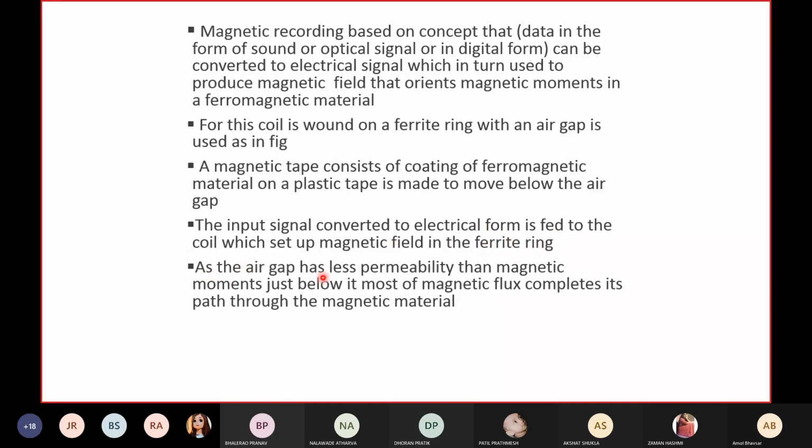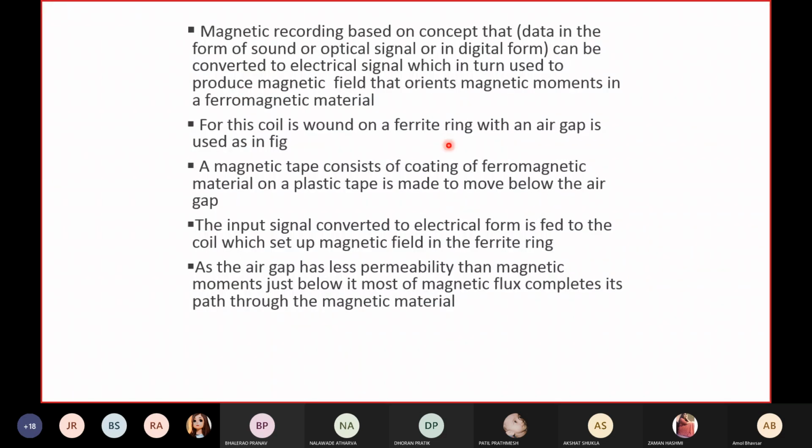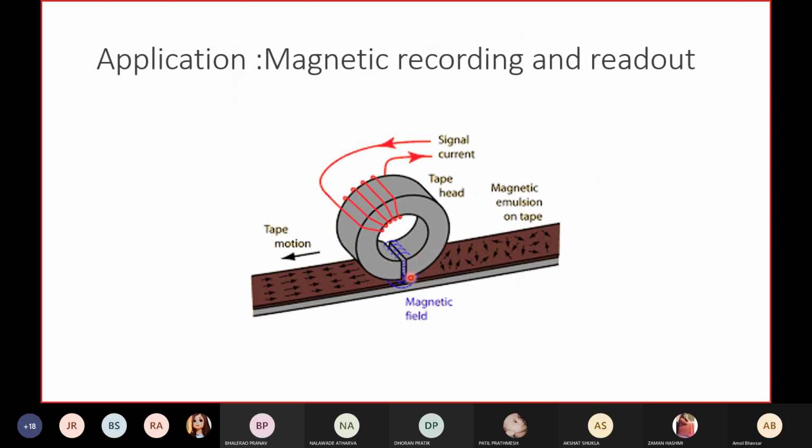As the air gap has less permeability than the magnetic material just below it, most of the magnetic flux completes its path through the magnetic material. The flux aligns the randomly oriented magnetic moments according to the applied signal in the horizontal direction. So all these moments, which are random, are aligned in a particular direction, and the data or signal gets stored here.